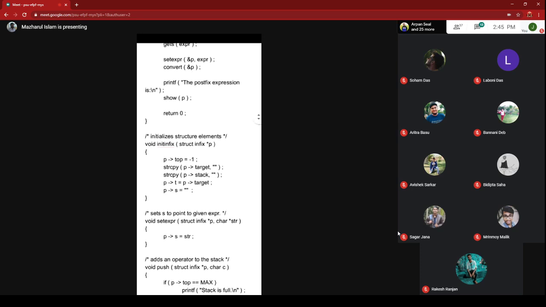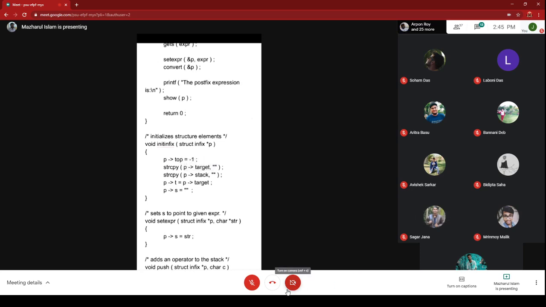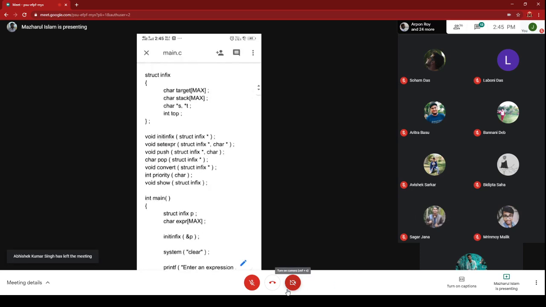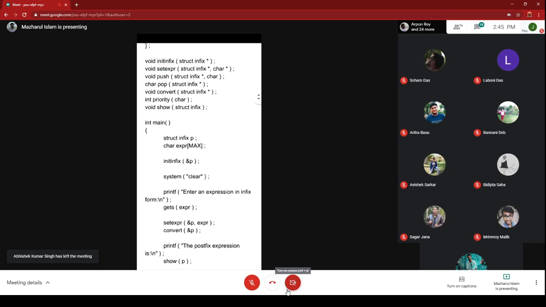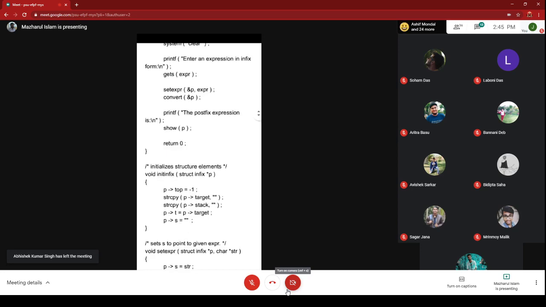And initially, two pointer variables were in the definition of the structure variable: one is s, another is t. Initially, the t pointer variable inside the structure infix variable will just be set to p arrow target, and p arrow s is equal to empty.